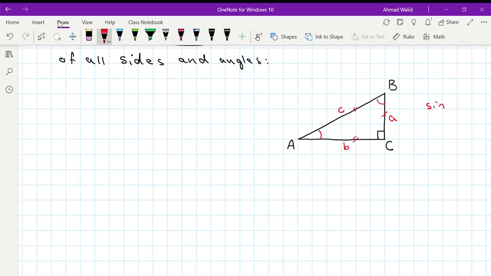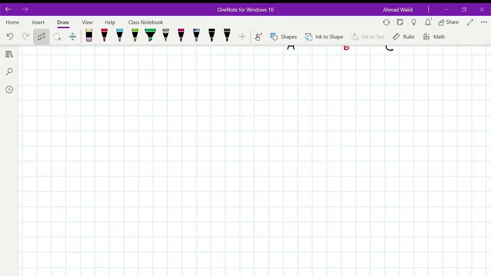Or using the Pythagorean theorem, you can find these lengths. Correct? This is what we call the applications of right triangles. There is not much to explain, but we start with examples, and with these examples I'll explain more how to deal with these applications.